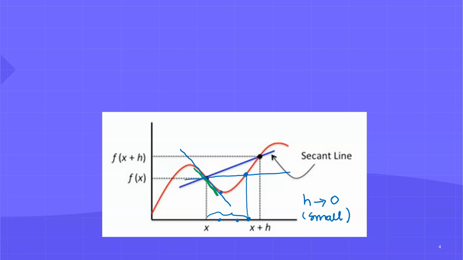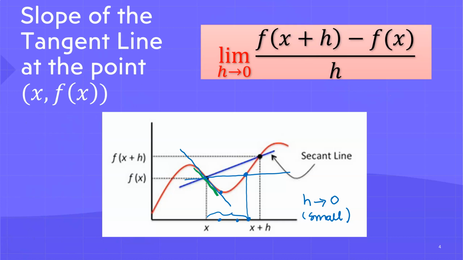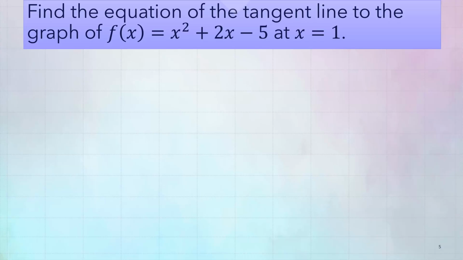So the slope of the secant line as h goes to 0, and we would write the limit as h goes to 0 of the slope of the secant line, will be the slope of the tangent line at the point x, f of x. So given that, and if you have a function and a point, then you may be able to find the equation of the tangent line at that point.